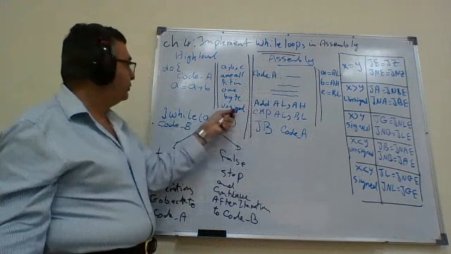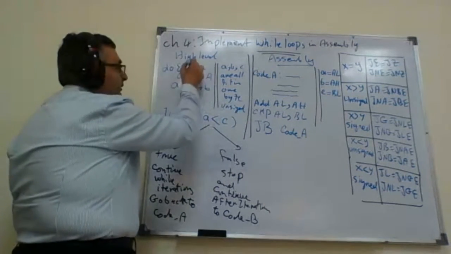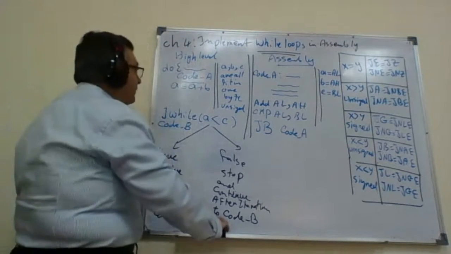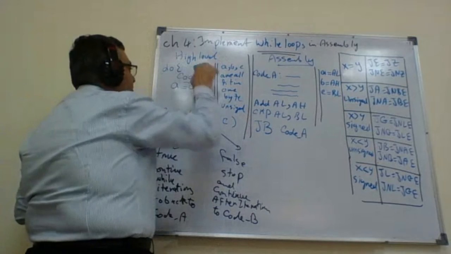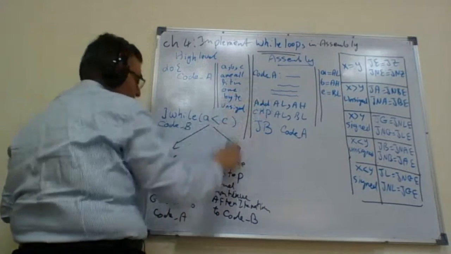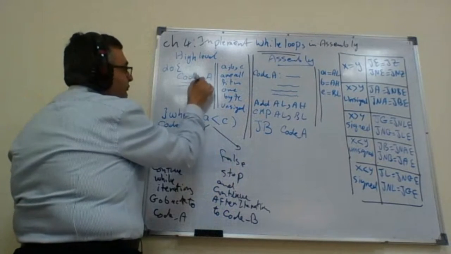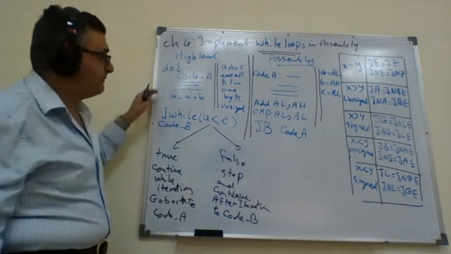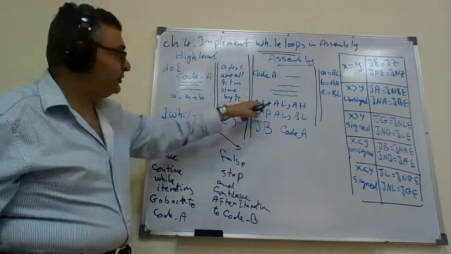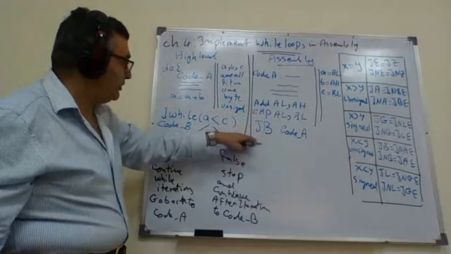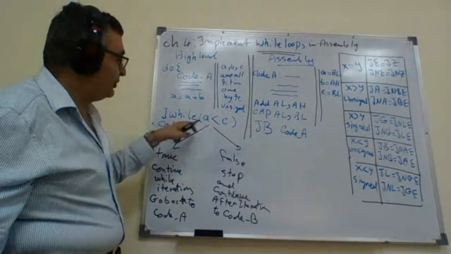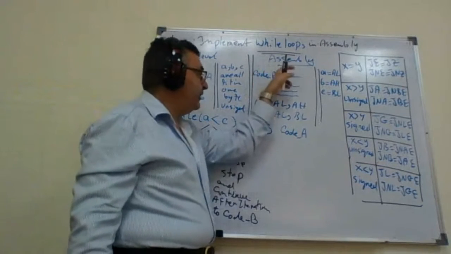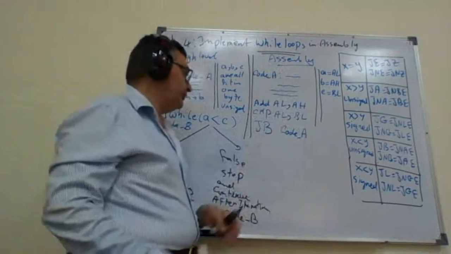And I will continue with code A. Here is the code for A, and at the end of the code for A, let me rewrite it to match what we have here. We have the code for A, followed by A equals A plus B. So this is matching this. This comparison and jump is actually checking the condition for the while. If below, I will jump to A, continue, compare, and so on.